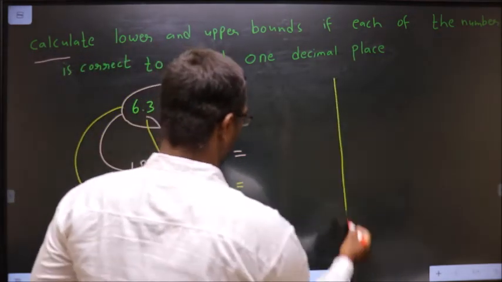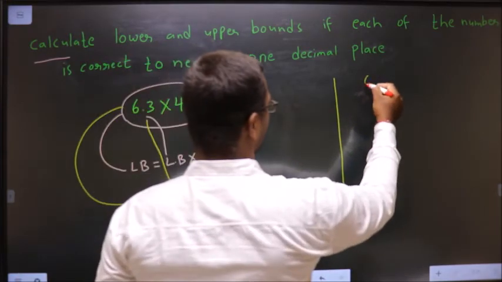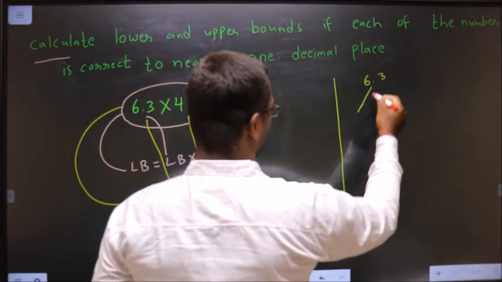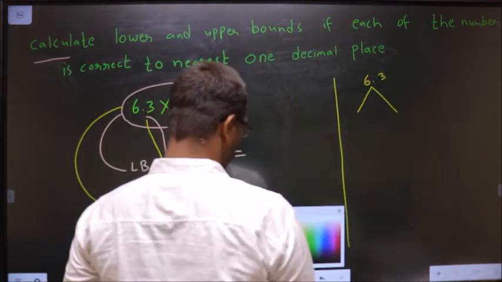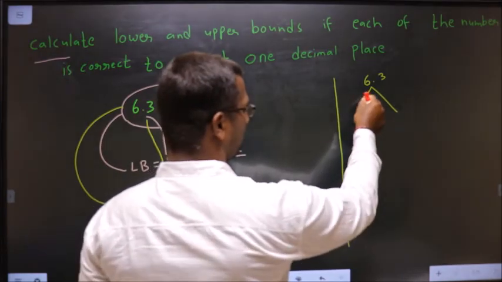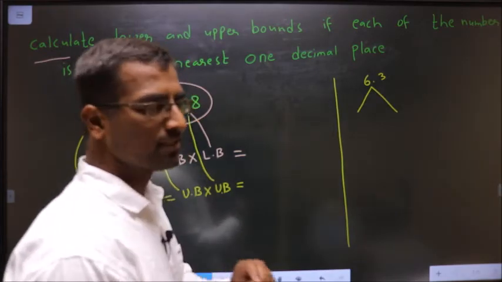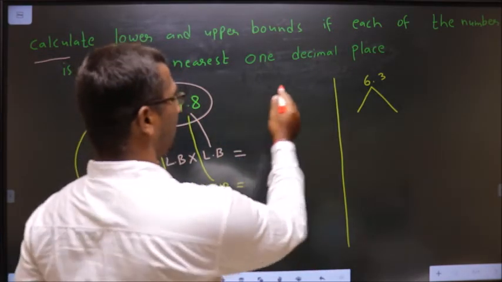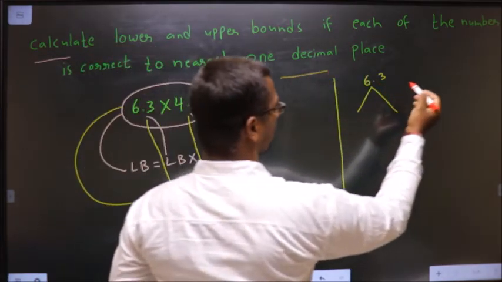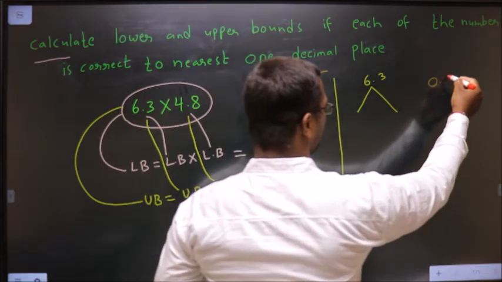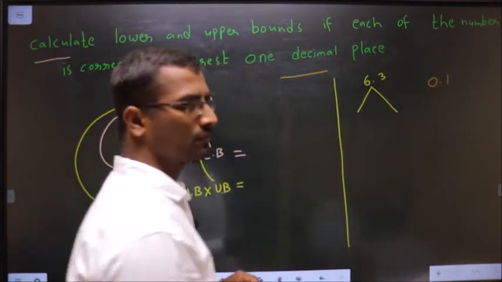So the first number is 6.3. Now, how will I decide what I should subtract and add to get the lower and upper bound? In this way, see. It is nearest to one decimal place. Always remember, one decimal means 0.1.